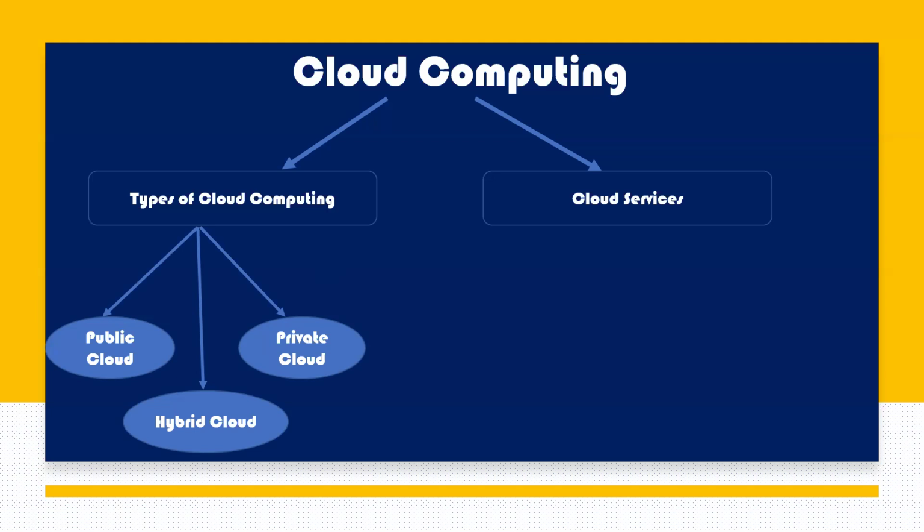The public cloud is the simple one. Here we have Azure, Amazon Web Services (AWS), Google Cloud Platform (GCP), Snowflake, a cloud-based data warehousing, and Salesforce, a cloud-based CRM.